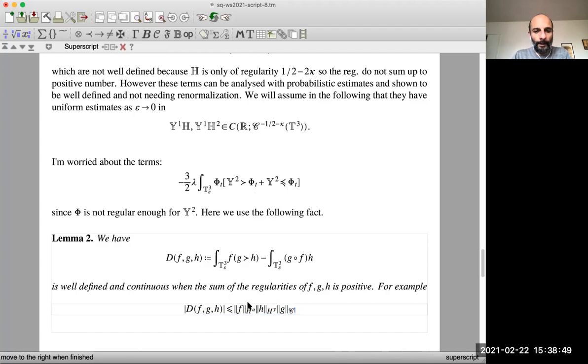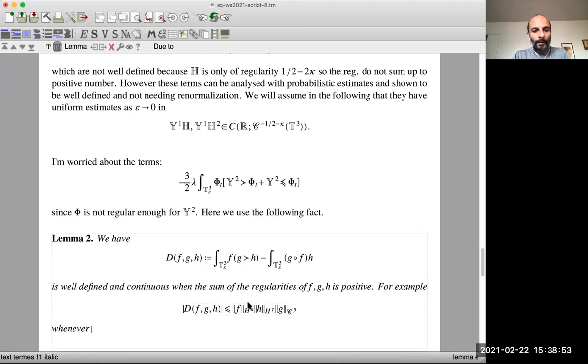Of course, you can choose the exponents whenever alpha plus beta plus gamma is positive.